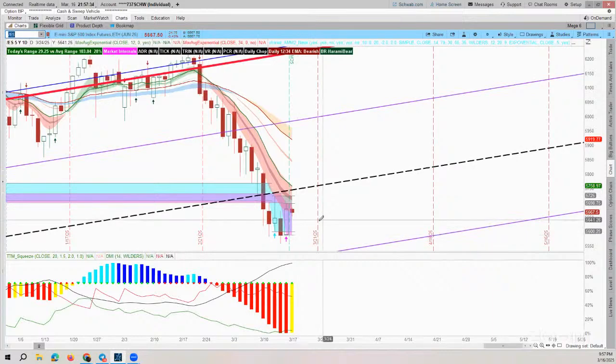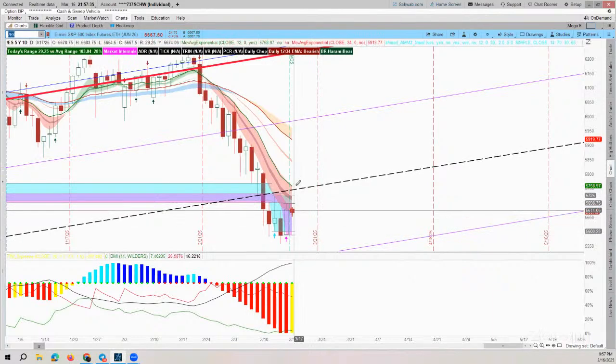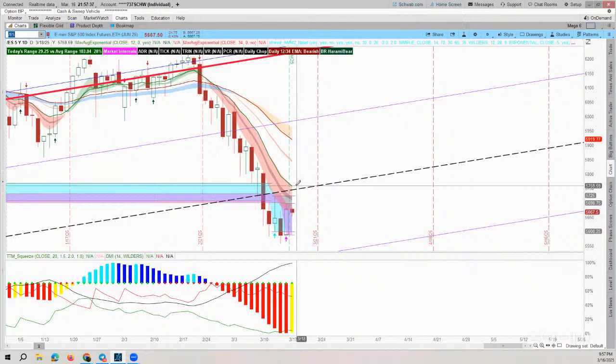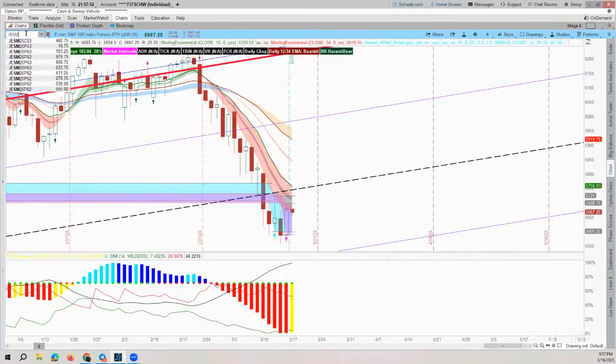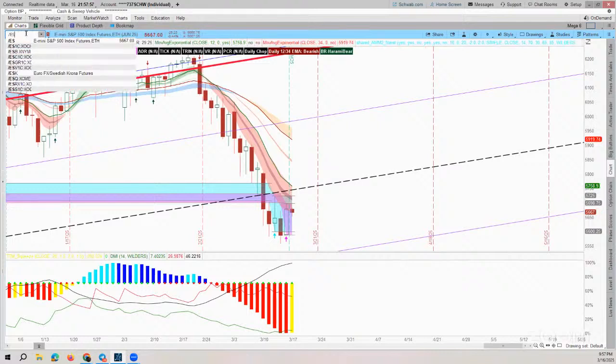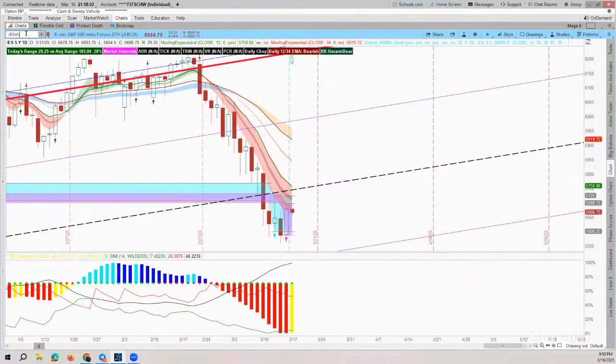We are still far from the 12 EMA. We have started to see some relief, like we had a good higher high, higher low on Friday. And if you compare this with, I think it was MESH, I don't even remember the name of the previous quarter.